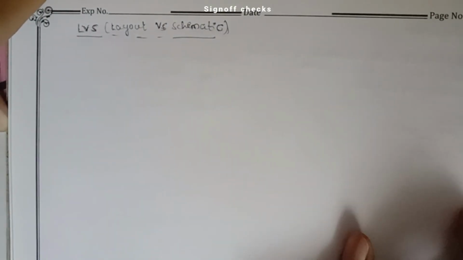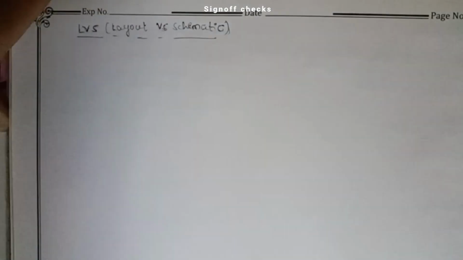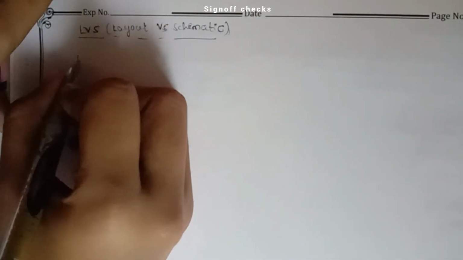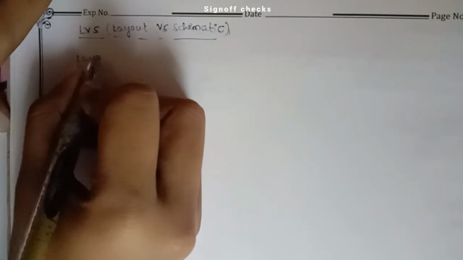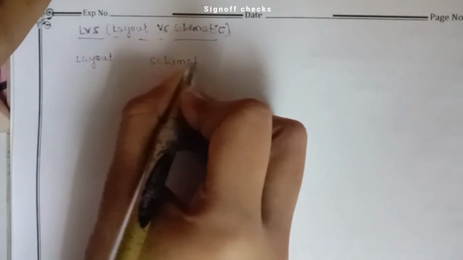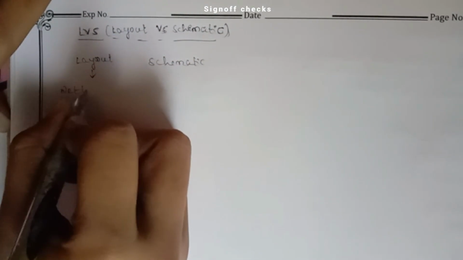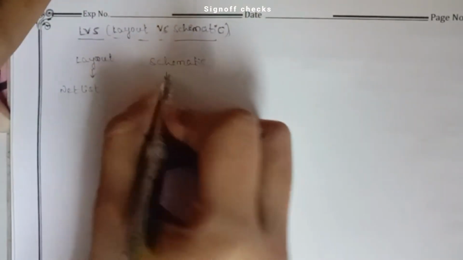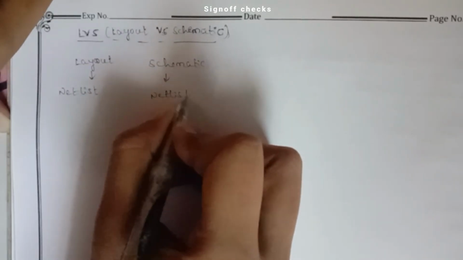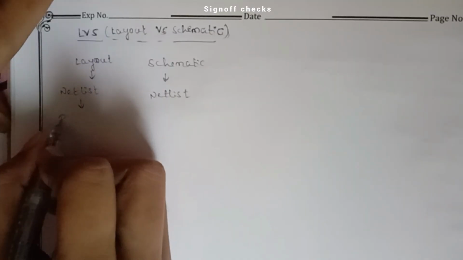So in LVS, there are mainly three steps in how it checks those things. First, LVS takes the layout and schematic, and it will extract the netlist of both schematic and layout. Then it goes through the process of reduction.